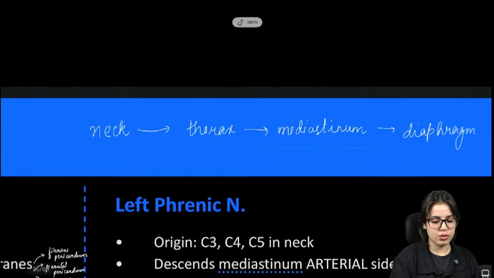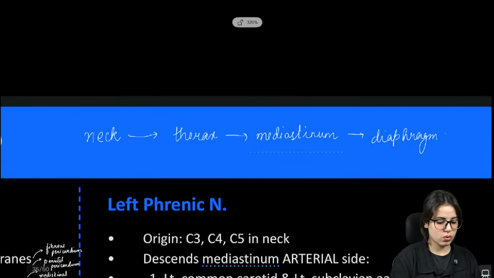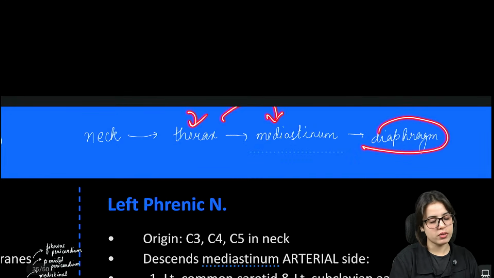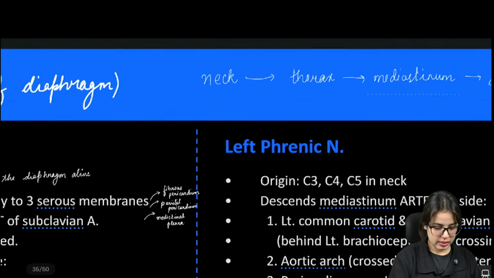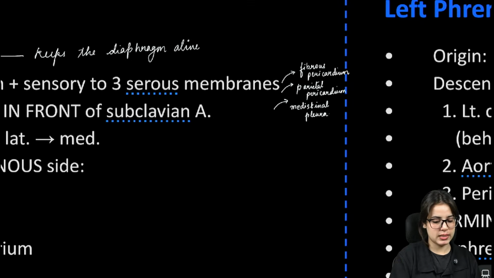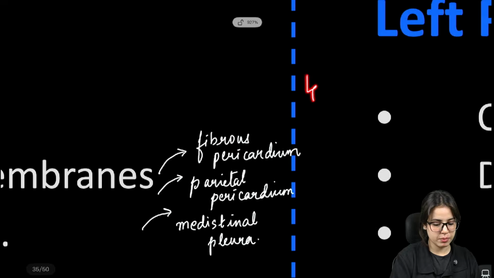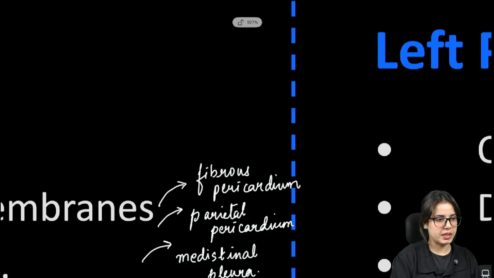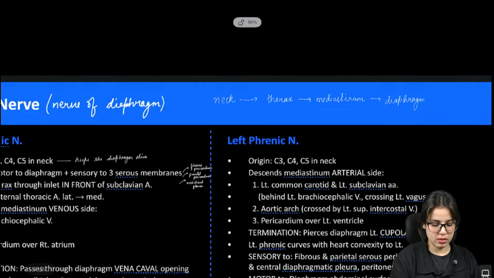Its usual common course is from the neck to thorax to mediastinum and then to diaphragm. It's a mixed nerve. It has a motor part and sensory part. Motor part goes to diaphragm and sensory is to 3 serous membranes: fibrous pericardium, parietal pericardium and mediastinal pleura.